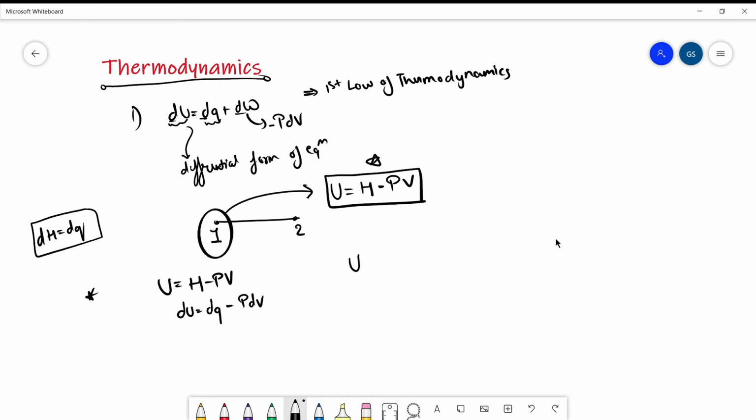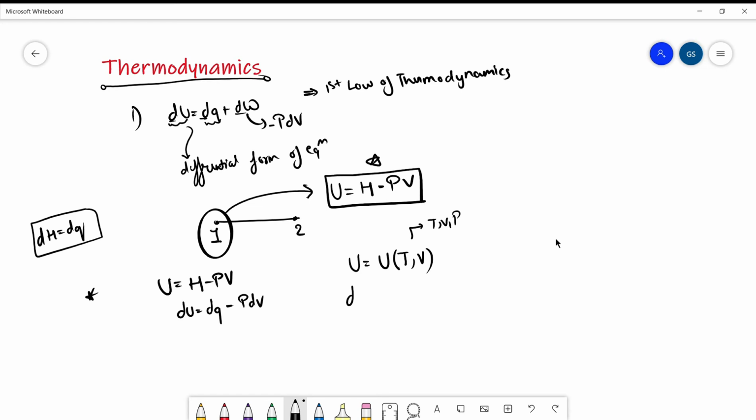Now we know that internal energy of a system is dependent on temperature of the system and volume of the system. So we can write U equals U(T, V), and there are actually three parameters T, V and P, where U depends on these three, but taking 2 is sufficient enough. P is a function of T and V itself, so this is enough.